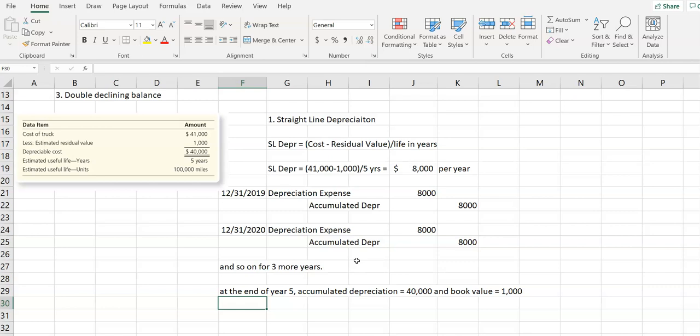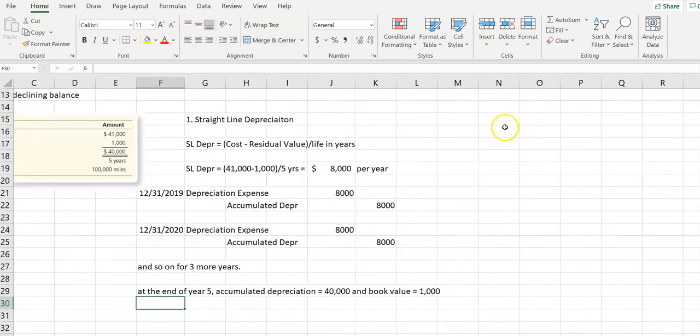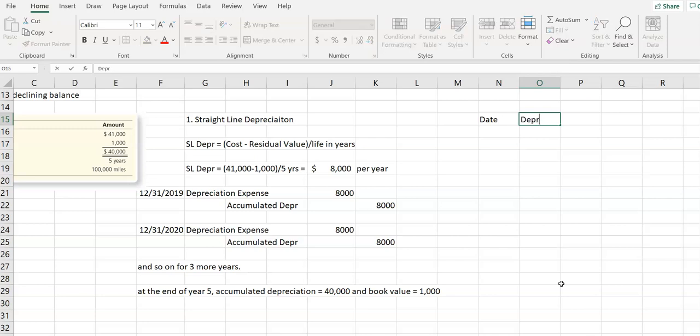Okay? So a lot of times what this book likes y'all to do is a little table here. So we've got the date, depreciable cost, a rate, depreciation expense, accumulated depreciation, and book value.